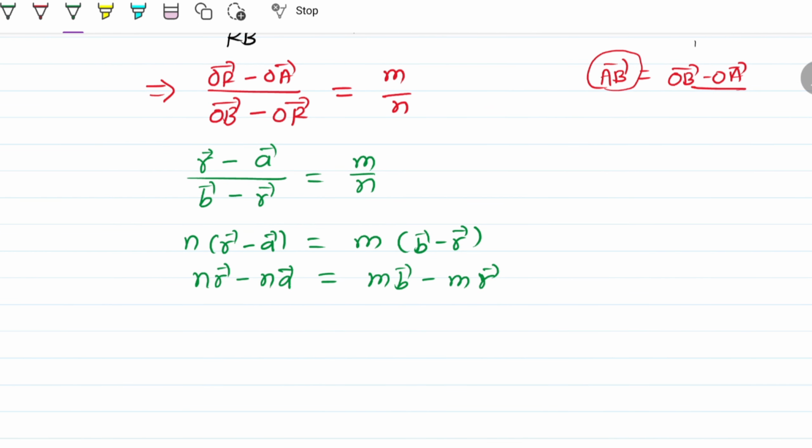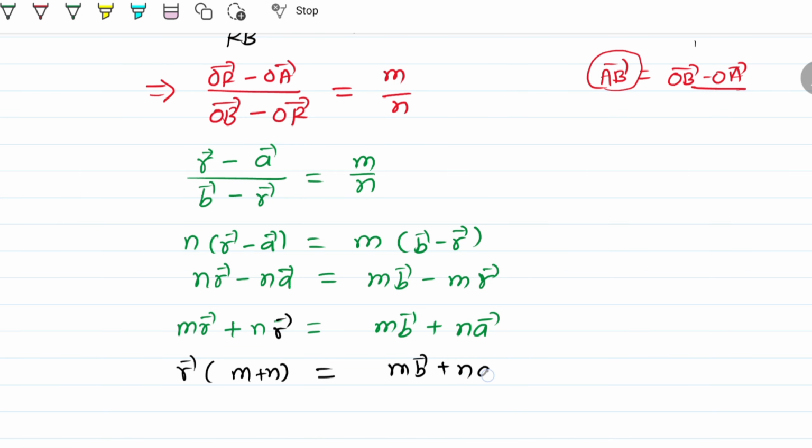Now I want the position vector of r, so I shift the m r vector to the left hand side: m r vector plus n r vector equals m b vector plus n a vector. Now r vector is common, so (m plus n) r vector equals m b vector plus n a vector.